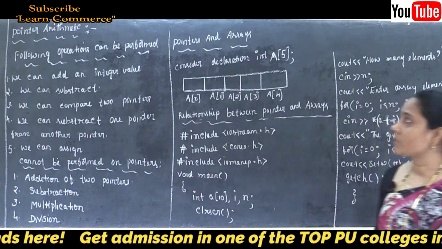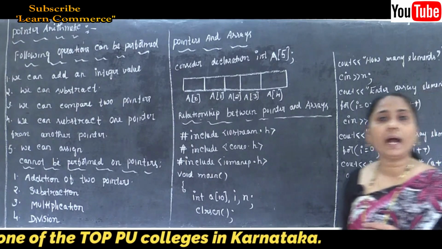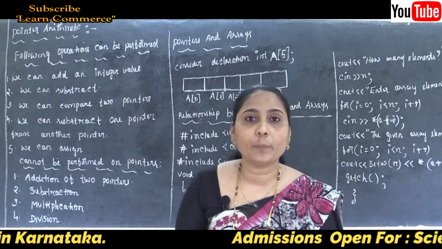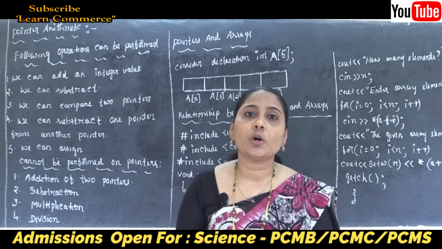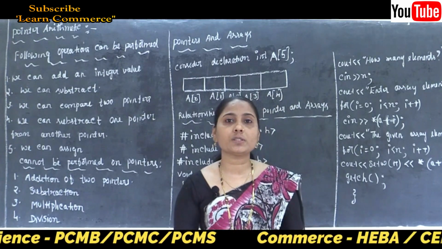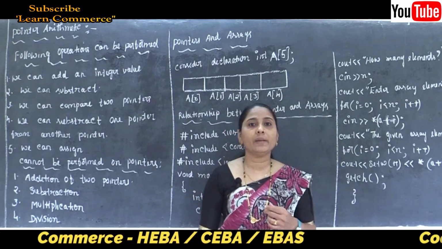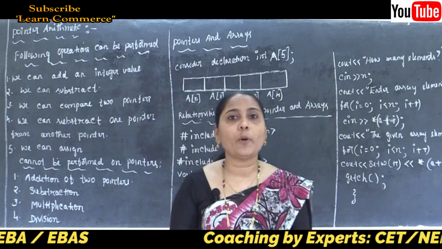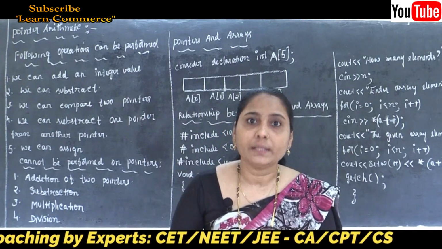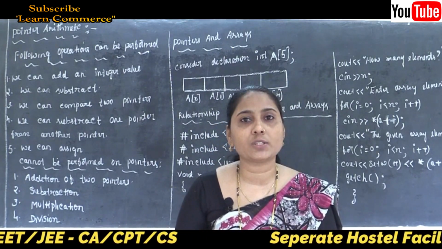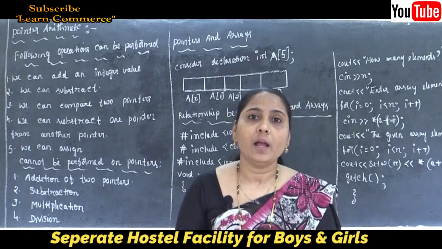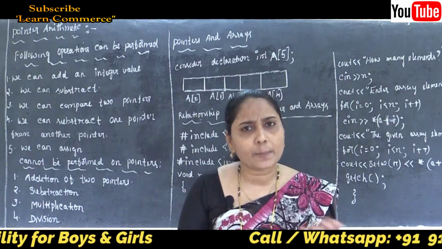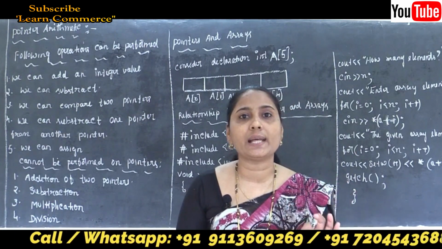Now the next concept is pointer arithmetic. Because we already know the meaning of a pointer: a pointer is a variable that holds the memory address of another variable. So in simple meaning, a pointer is an address.